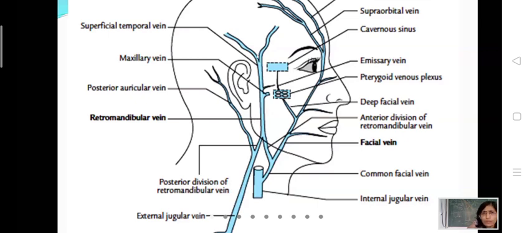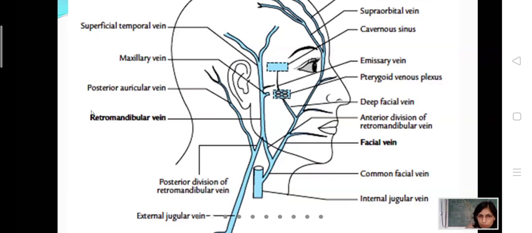So here what happens is that the superficial temporal vein and the maxillary vein, the small one, join together to form the retromandibular vein inside the substance of the parotid.